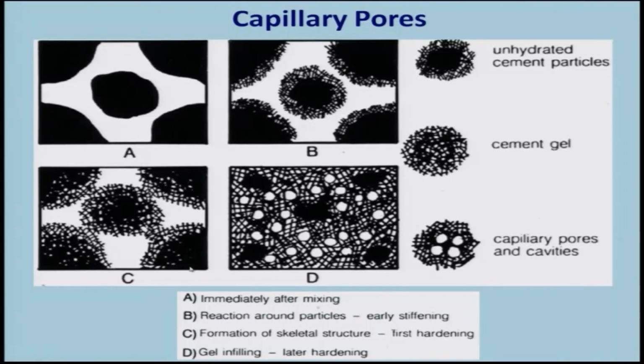In the third stage you have the formation of skeletal structure, also referred to as first hardening, and slowly with more hydrated compounds formed, you see that the porosity is getting reduced. Finally, in the fourth stage you see some white color spots, called capillary pores or capillary cavities.